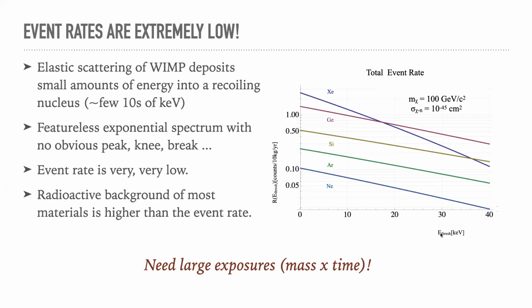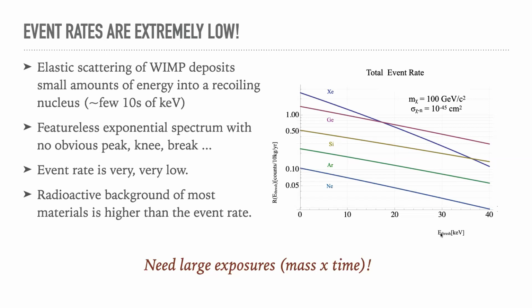This is for a WIMP with a mass of 100 GeV, where the cross section between your dark matter particle and your nucleus is 10 to the minus 45 centimeters squared. You can make this plot for any WIMP mass and any cross section you want, and you can see what you get in different target materials.